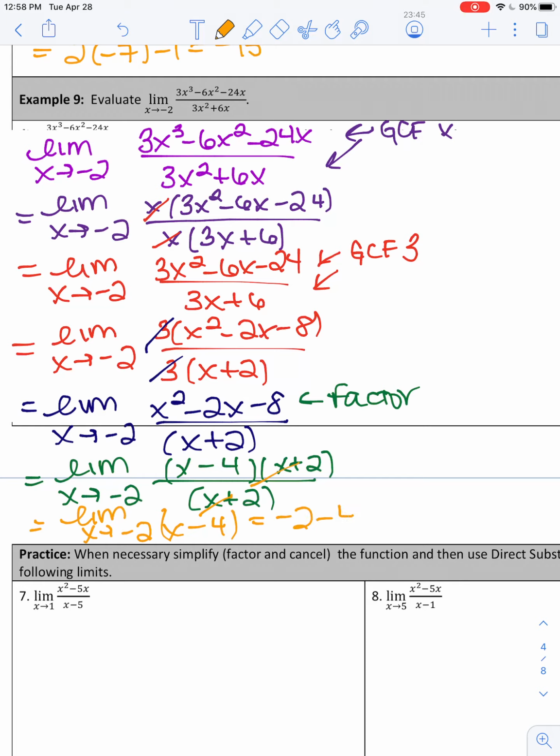And at this point, there's no issue with direct substitution, right? -2 minus 4 is just -6.